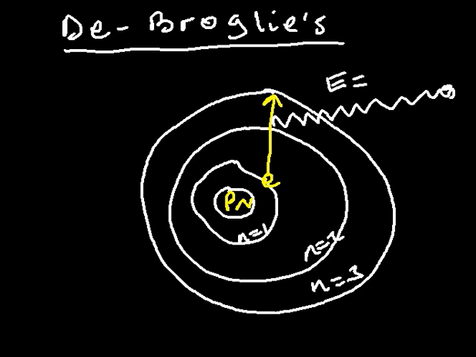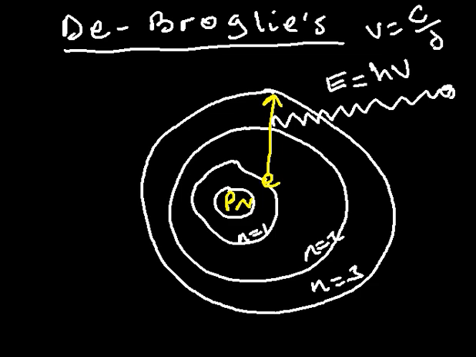According to Planck's quantum theory, the energy is given as hv, where h is Planck's constant and v is the frequency of the wave. The frequency is also given as the speed of light divided by the wavelength.